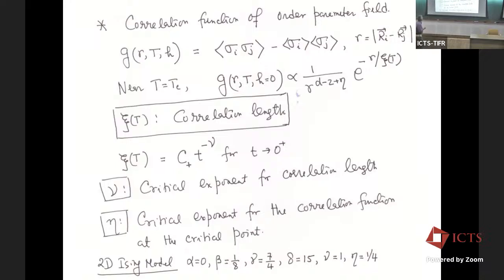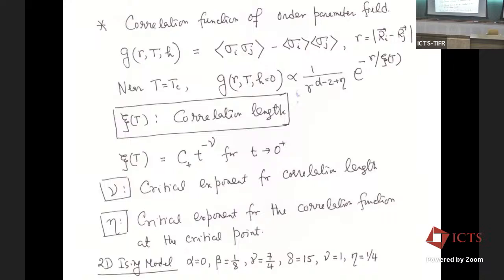For the case of the Ising model that I have mentioned many times, you have this variable sigma, which takes on values plus or minus 1, and these variables are sitting at lattice sites. So one is looking at the correlation between the spin at lattice site i and the spin at lattice site j, and typically one subtracts out the product of the two averages.